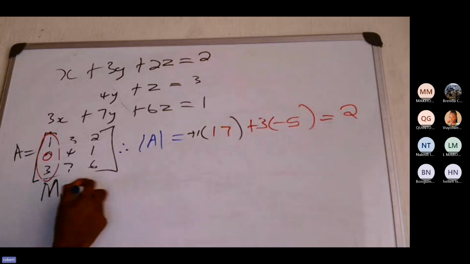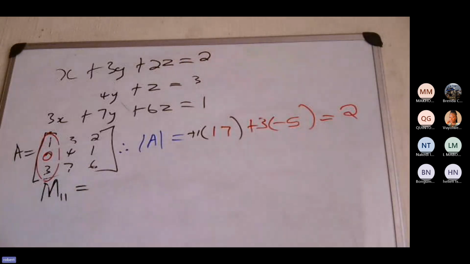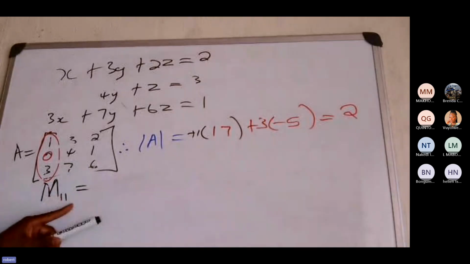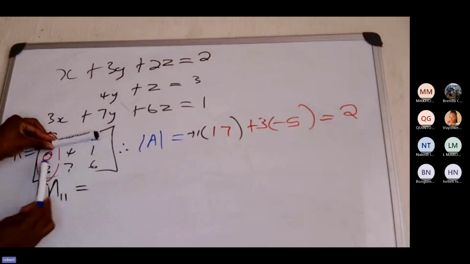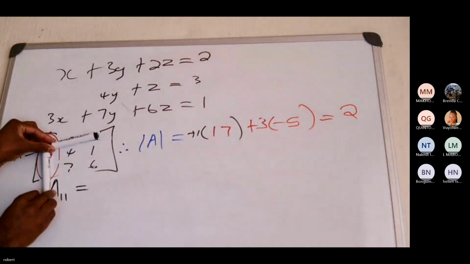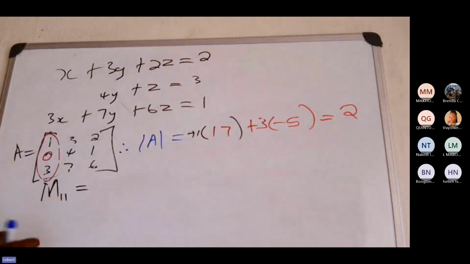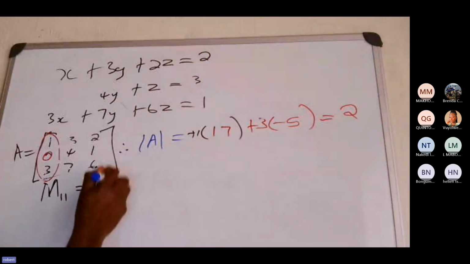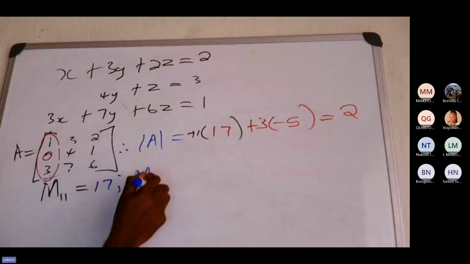How do you find the minor here? The same story. You are going to cover the first row, the first column. You get their determinant. So it will be 24 minus 7, which is still 17. Now what about M12?